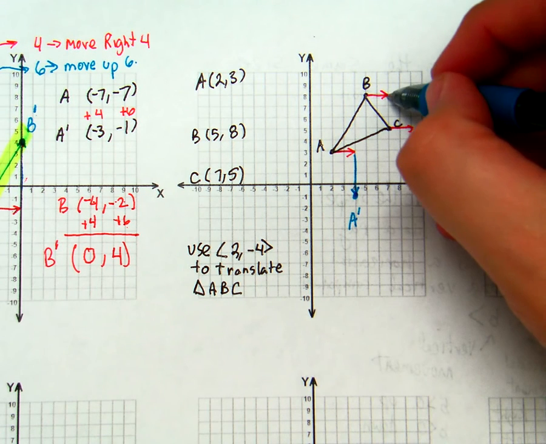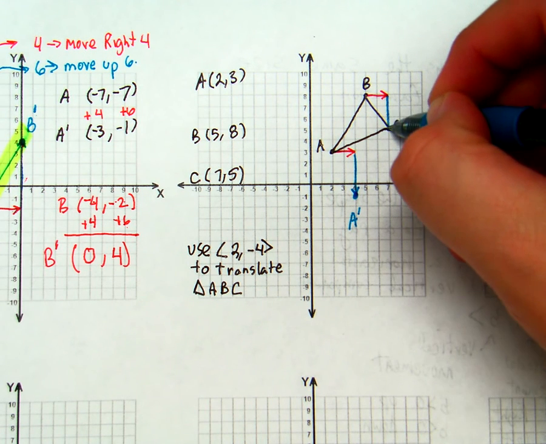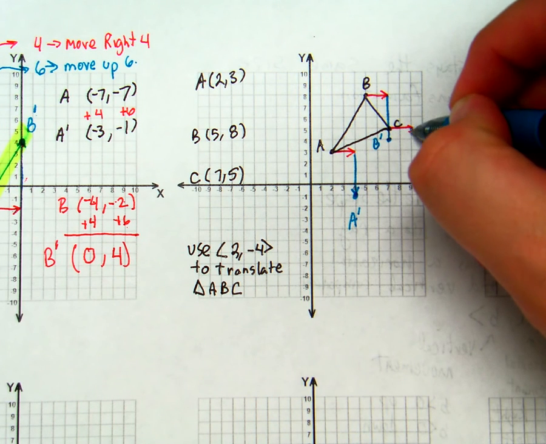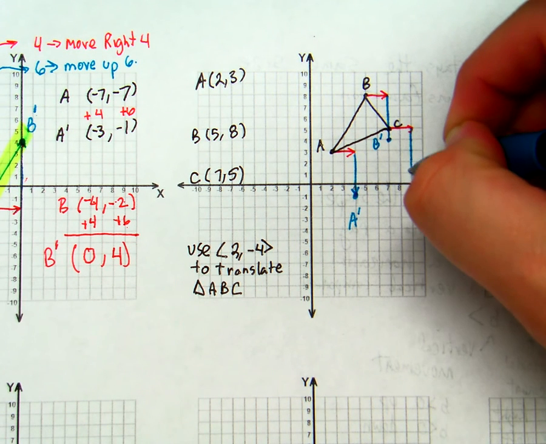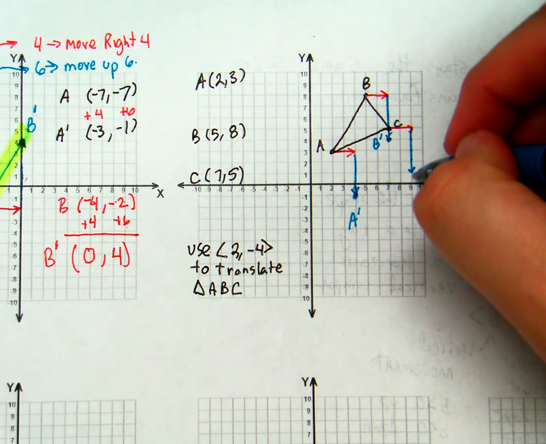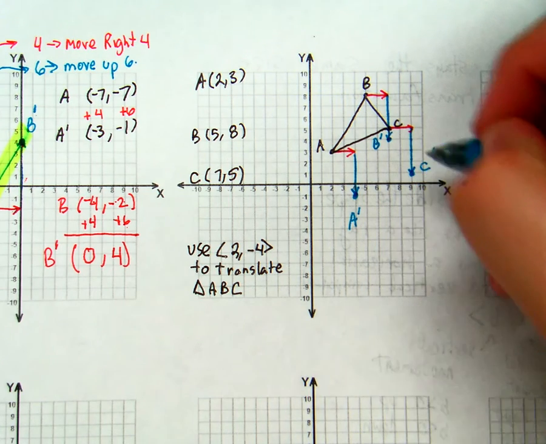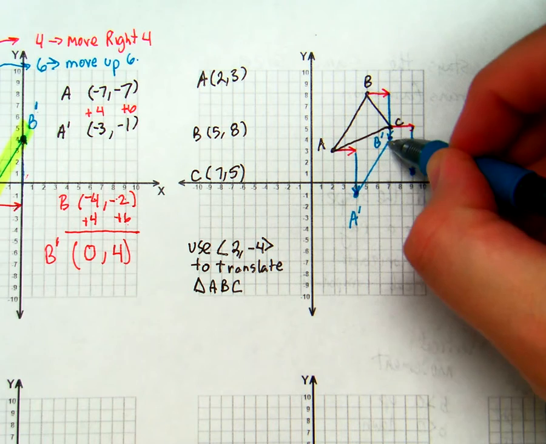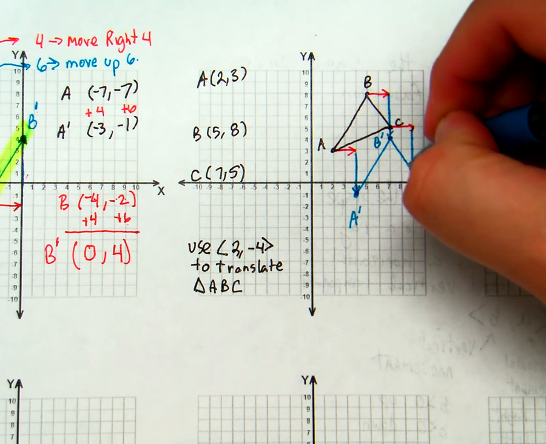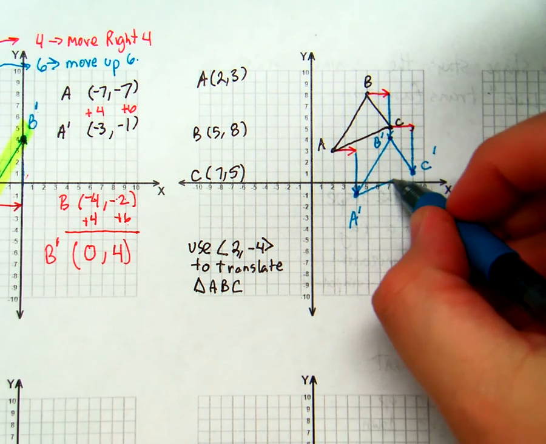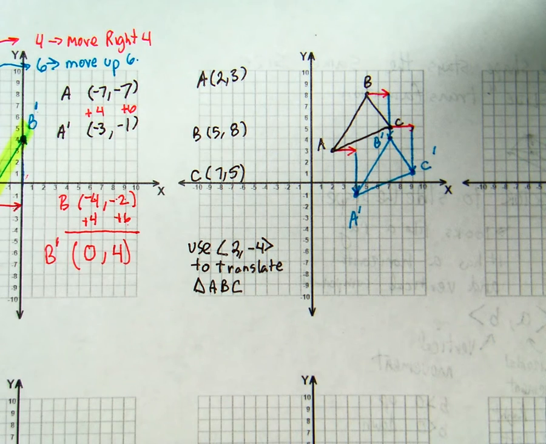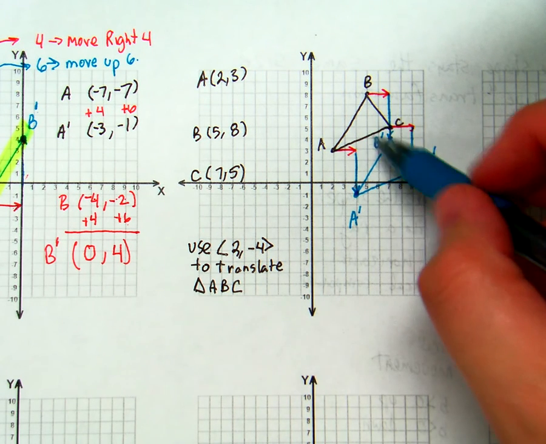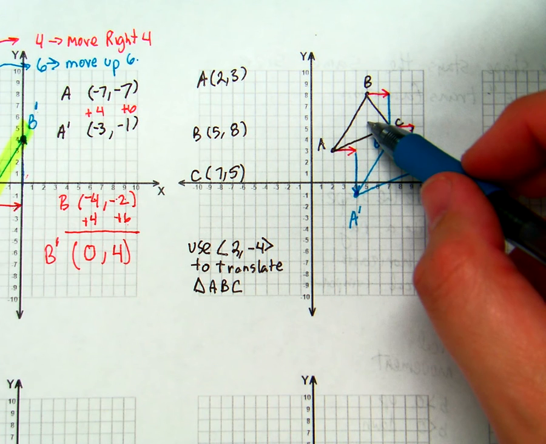There's B prime, and C is 1, 2, 3, 4. There's C prime. And there's our new triangle. Just by looking at this, does it look exactly the same as the original triangle? Is it bigger or smaller? All we did is we slid it down a little bit.